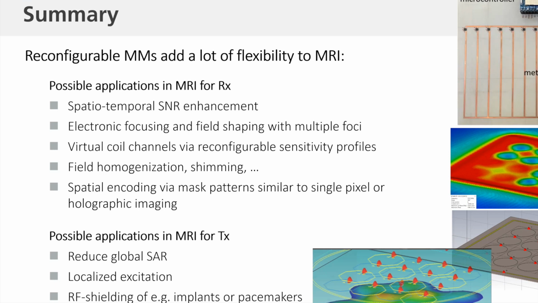Depending on where you are within your resonance, you can either amplify or attenuate your signal. Essentially, if you want to put it like this, metamaterial is just a tool to very flexibly play with tuning and detuning of resonance structures.